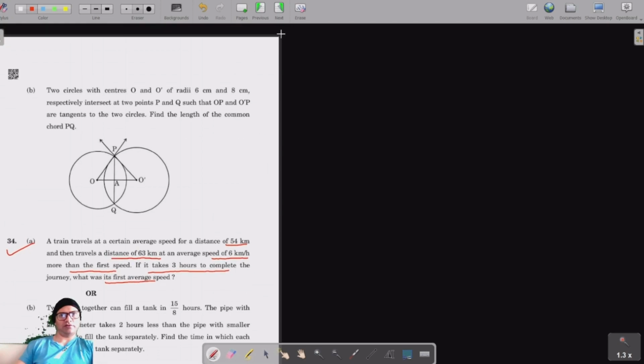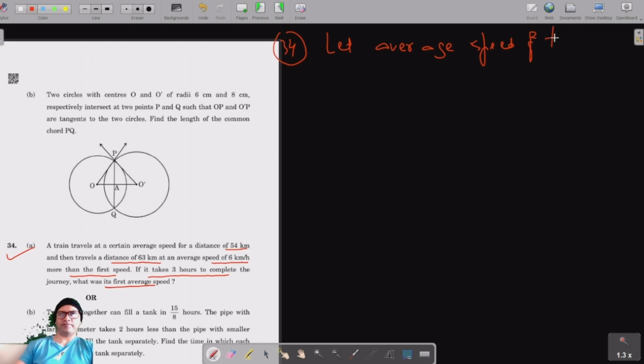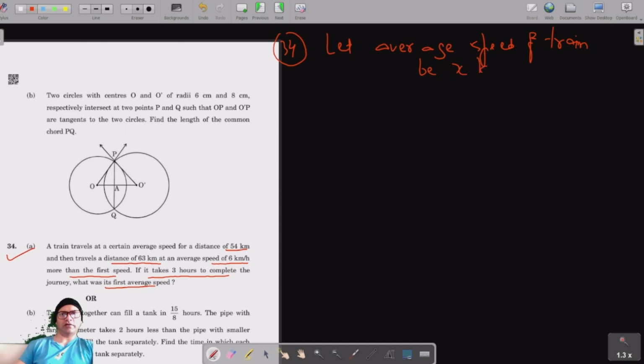So this is question number 34, and let the first average speed of the train be x kilometer per hour.